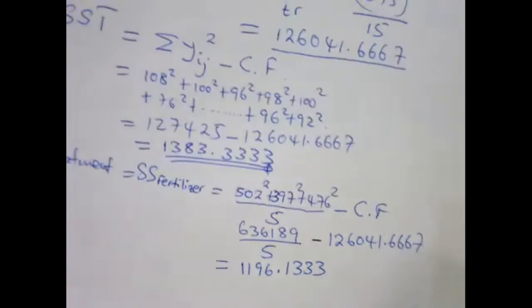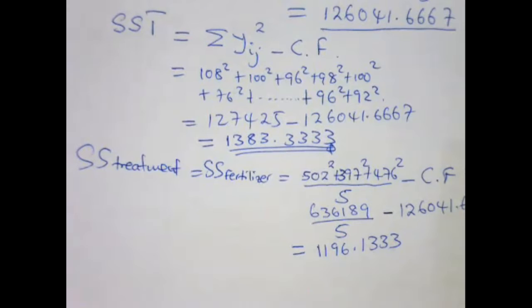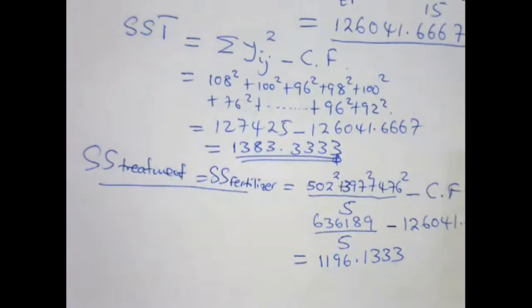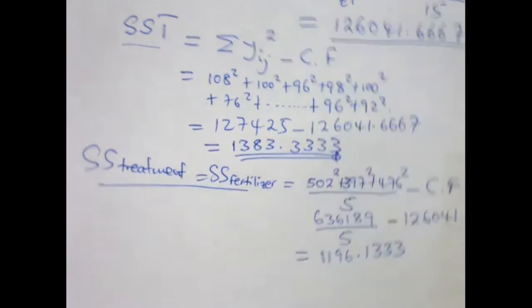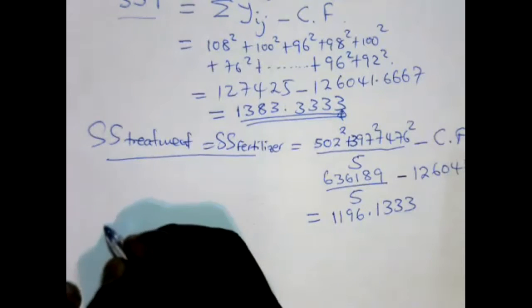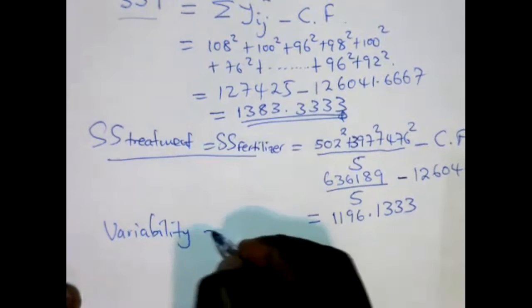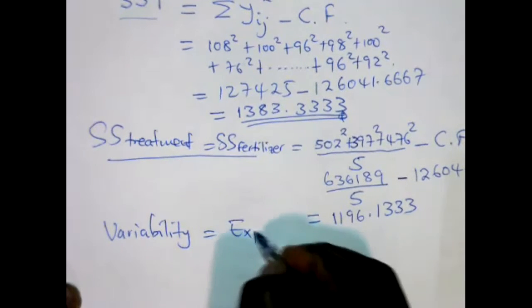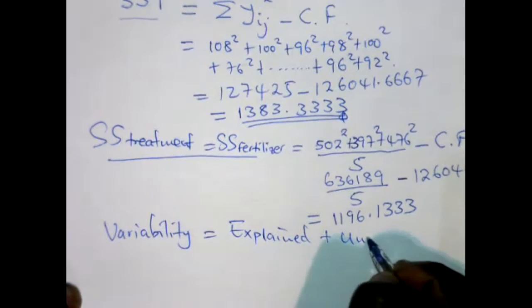So we now have our SS treatment. Remember, we said we break down the sum of squares into unexplained variability and explained variability. So this is explained variability and this is the total. So where is the unexplained variability? In other words, total variability can be broken down into explained plus unexplained.